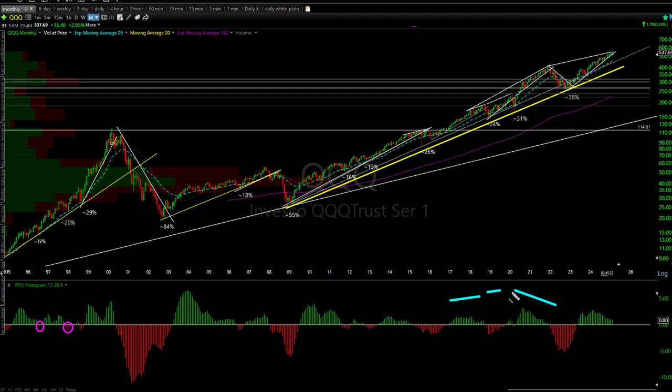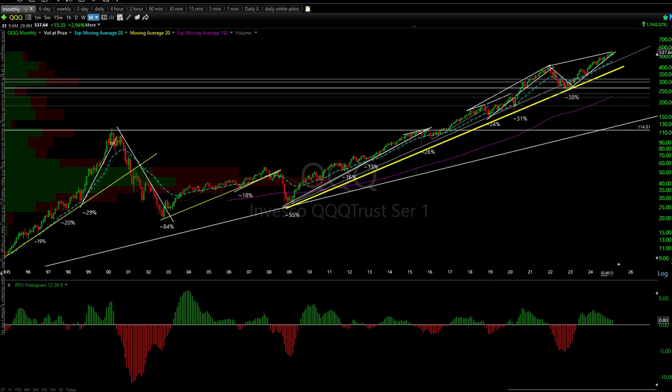When the PPO line crosses down below the signal line, that's what we call a bearish crossover, and then the histogram will go red. The further the histogram's red or green, it just means the higher the PPO line is above its signal line when it's green, or below when it's red. Traders use that. It's a good trend indicator, giving an overview of the overall trend.